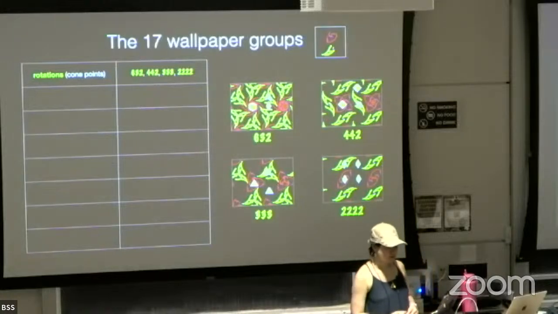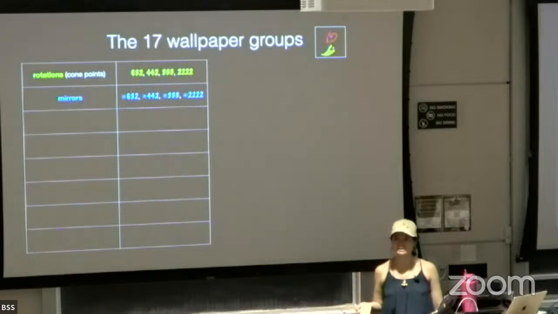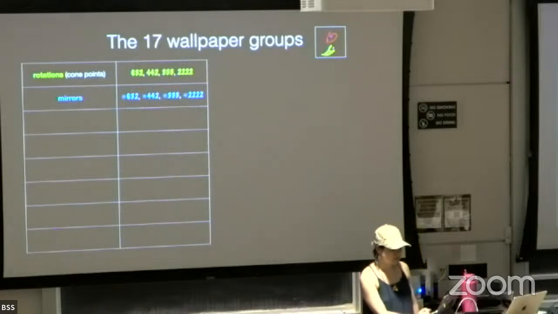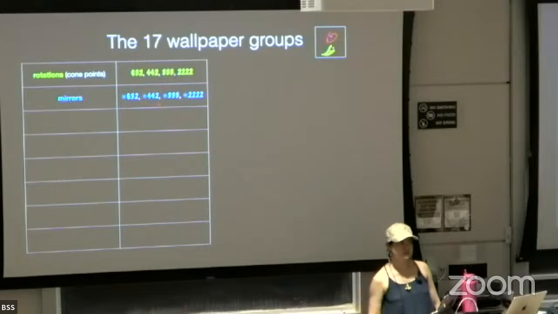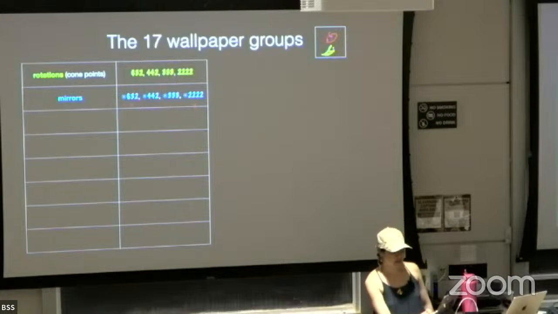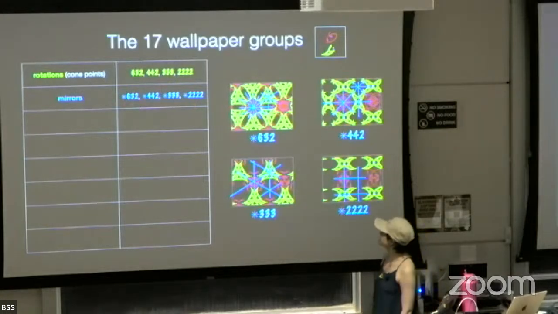We can also do mirrors. That's the other example we did. We worked out star 442, but there's also star 632, star 333, and star 2222. And this is what they are.